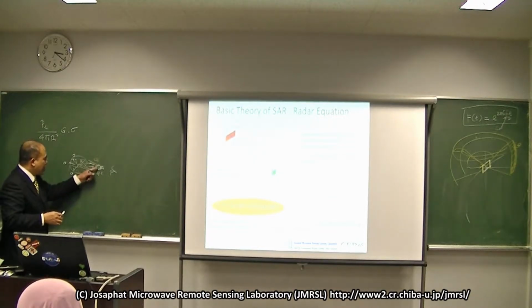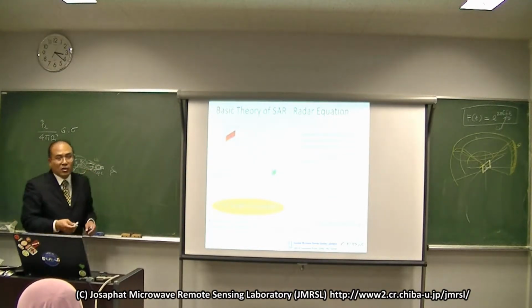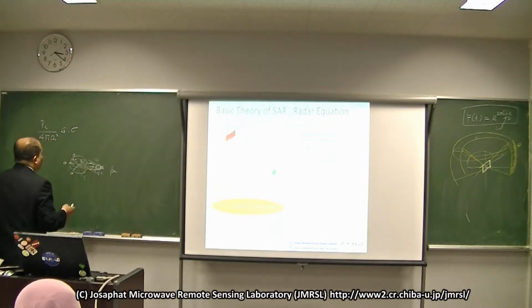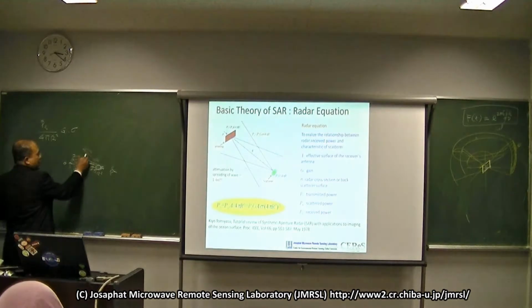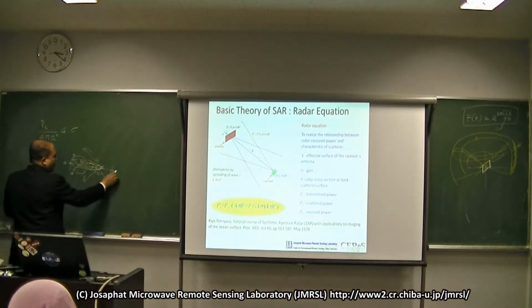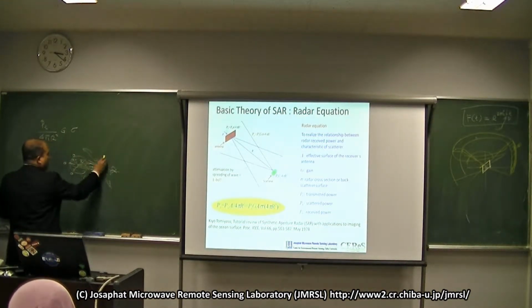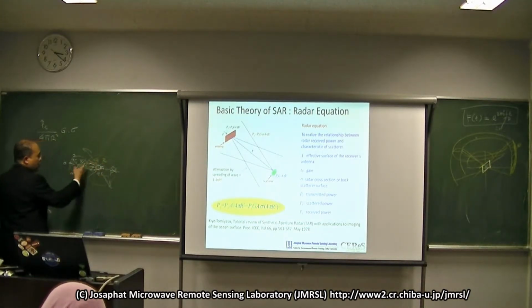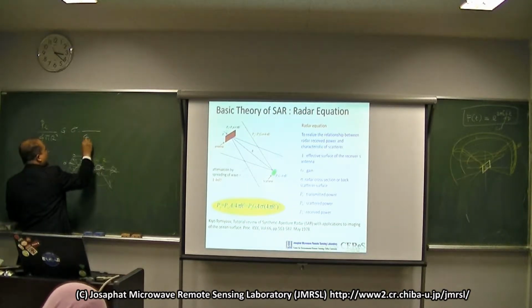That is the meaning of the radar cross section. After that, it scatters again in any direction, for example at distance R, which is also the same. So you multiply by R.